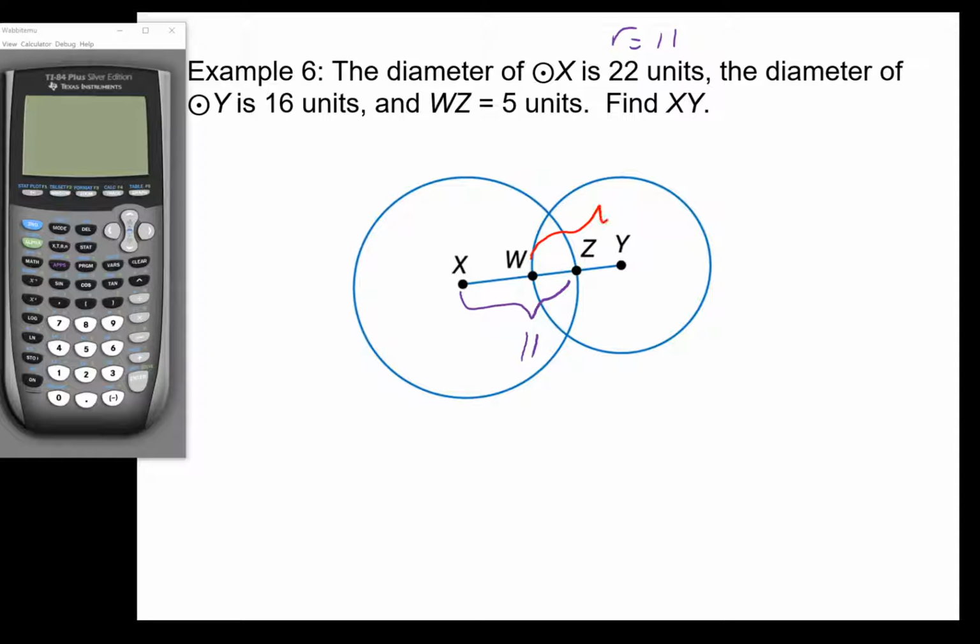So this distance here is 16 units. The diameter is 16, which means my radius is 8. So that is 8.